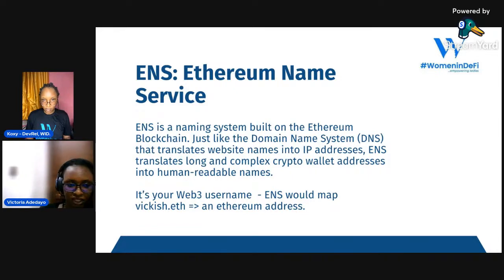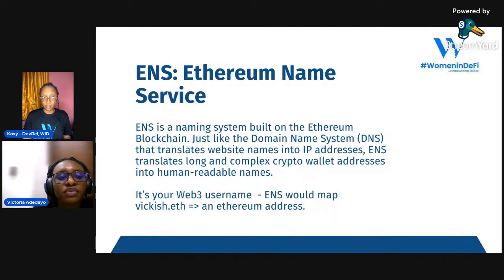That's the whole idea of DNS, right? Just imagine you have IP addresses with all those numbers. It will be very hard for you to read all those IP addresses.